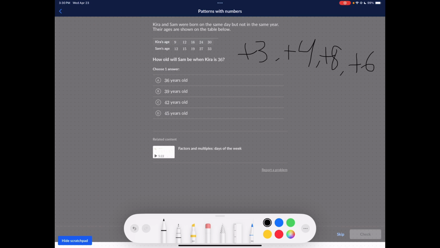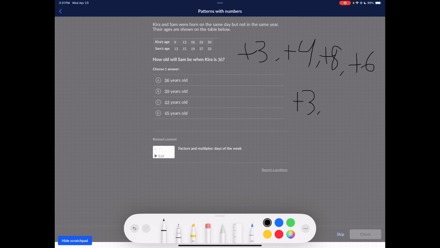And now what about Sam's age? It starts at 12. And then what do we get if we add what to 15? 3. So I have 3 there.